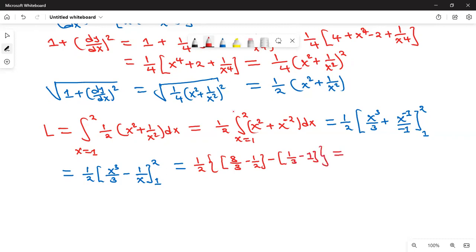And so you can now press this in your calculator. Just simplify. Remember, this can as well be written as 1 over 2 times 8 over 3 minus 1 over 2 minus 1 over 3 plus 1. When you press, what do you get? You can as well press it.